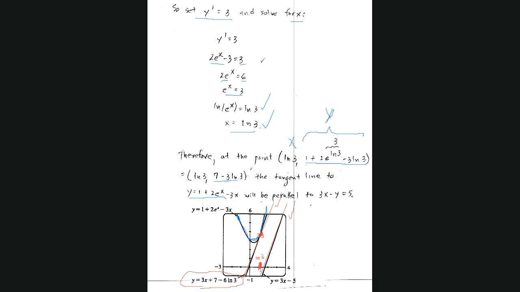And just a reminder, in the book, there is an example 3 in your textbook that deals with tangent lines and something called the normal line. Normal lines are perpendicular to tangent lines. In example 3 in the book, they work out the problem nicely.